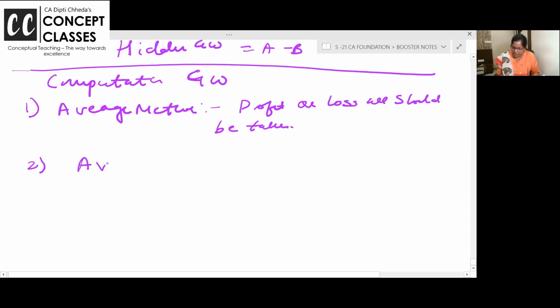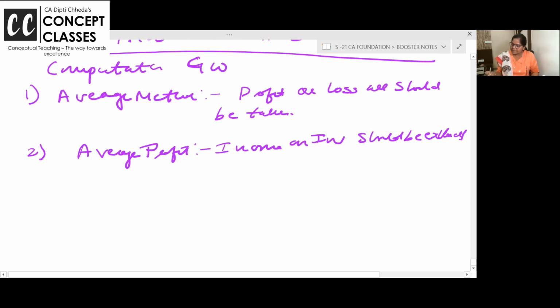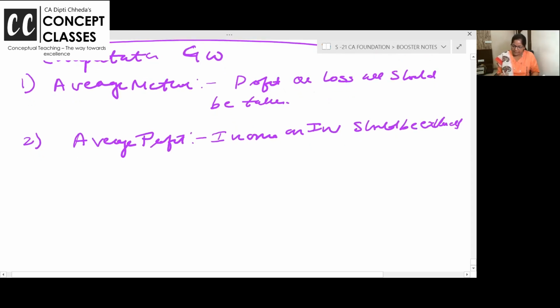Second point, in average profit, income on investment should be excluded. This is a very important reminder. Interest on investment should be excluded. Remove it while calculating average profit.